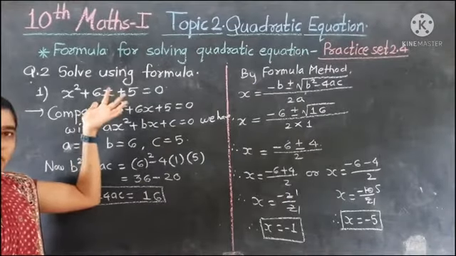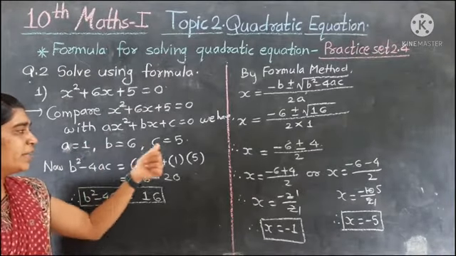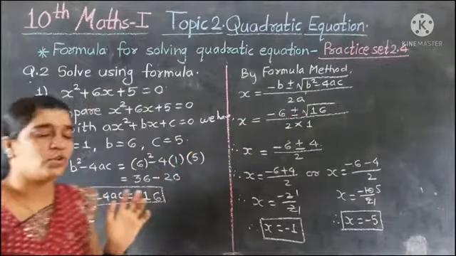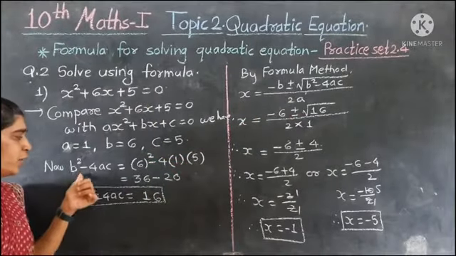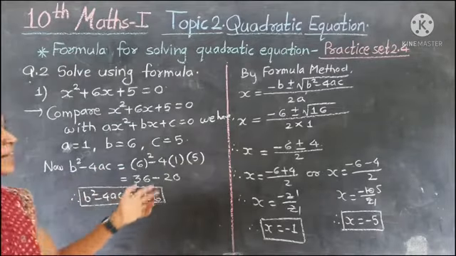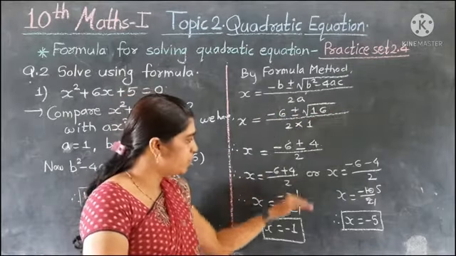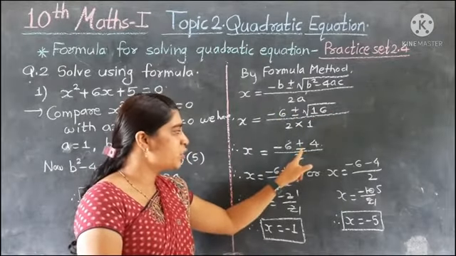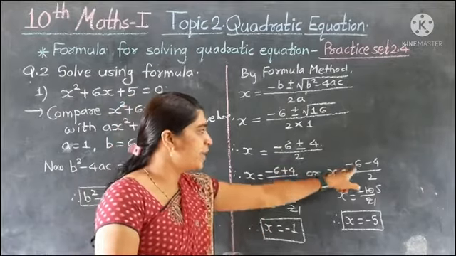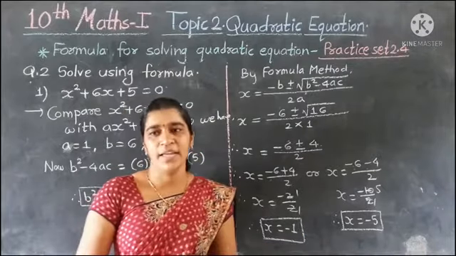It is in the standard form, so you directly compare. After comparing, you write the values of a, b, c. Then in the formula, we want b square minus 4ac, so you calculate it. Then write the formula correctly, put the values correctly, and simplify. Here there is a plus or minus sign, so take one x as plus and another x as minus and simplify. You get the values of x.